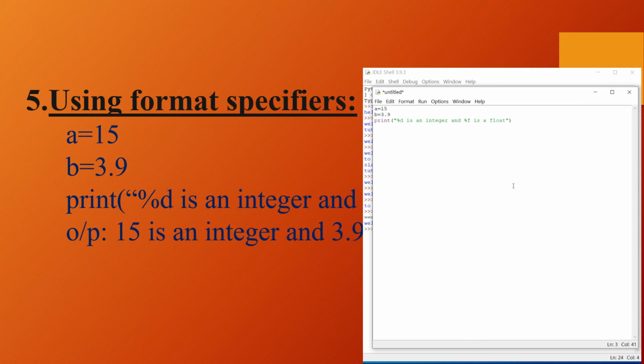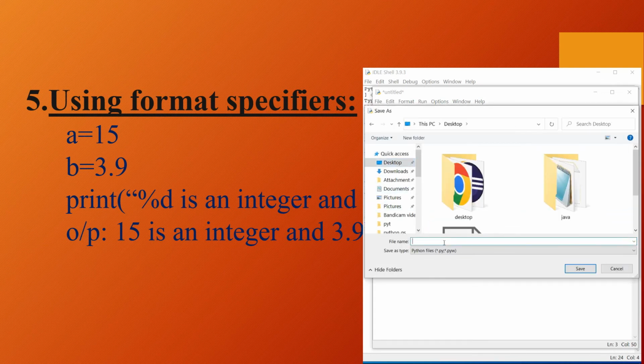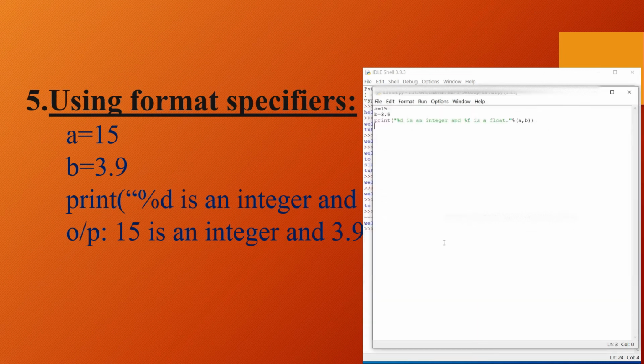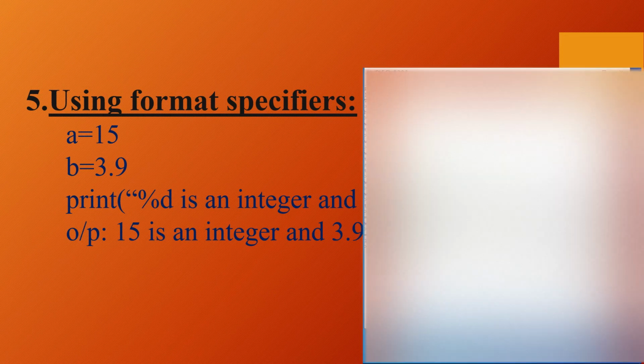Full stop. Outside the double quotes, % of a comma b variable names. Run the program. To run this program, we need to save the program. I am saving this file as format. Here I got the output as 15 is an integer and 3.9 is a float.